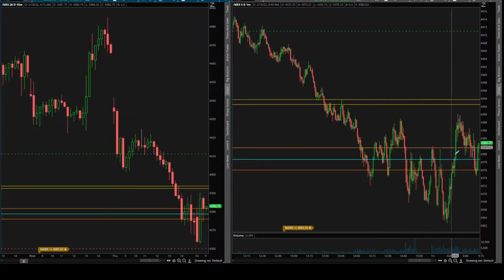Let's see, this is kind of the curl, the test I was looking for. All right, getting a little push. I'm scaling out just a tiny bit here. There we go. Scaled out of just a portion. Gonna scale out of a little bit more.